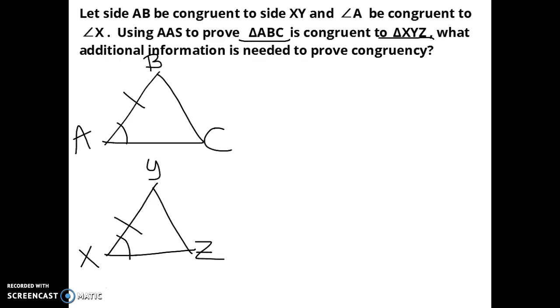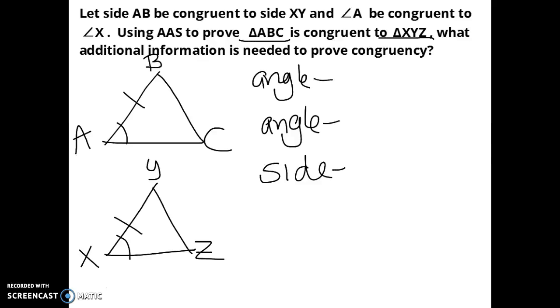Well, we're trying to prove these two triangles congruent using angle, angle, side. So let's write down what we know. We know that angle A is congruent to angle X because it's given.